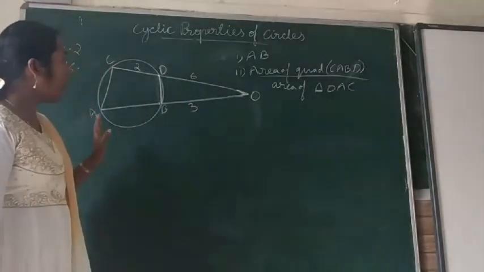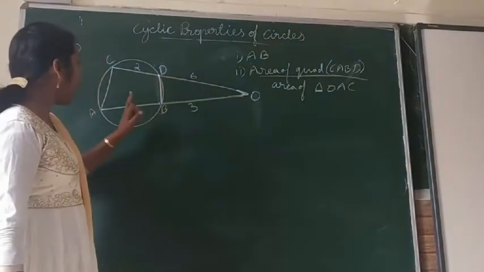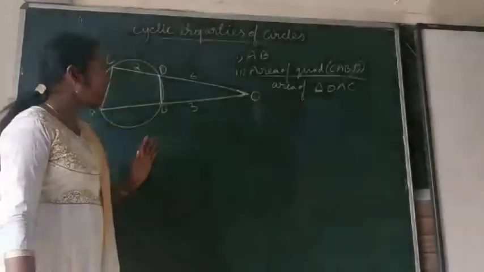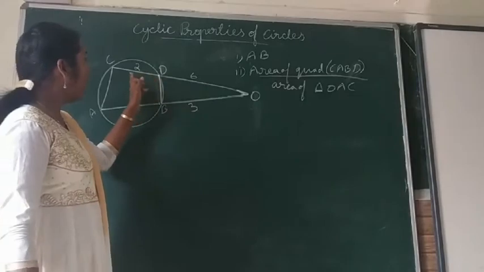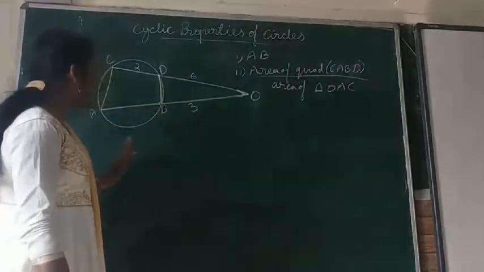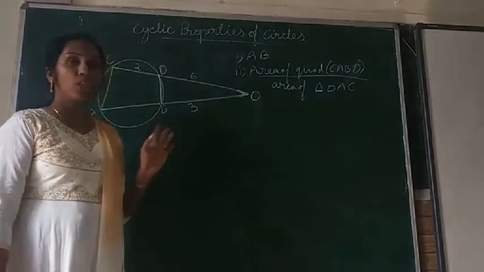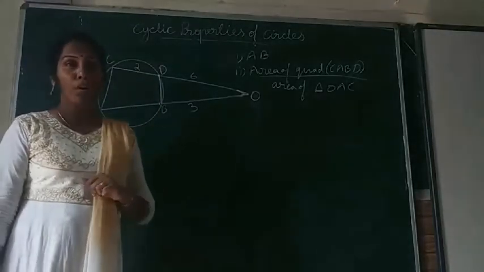Here we have to prove that triangles BOD and COA are similar to each other, and we have to find out the value of AB. It is given CD is 2 cm, BO is 6 cm and BO is 3 cm. We have to find out the value of AB, and also the ratio between the area of quadrilateral CABD and the area of triangle OAC.